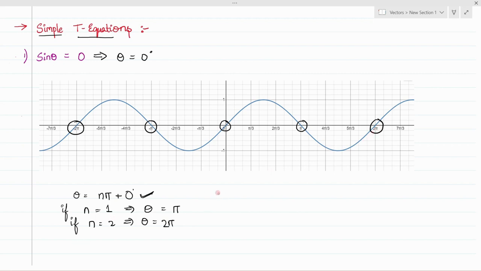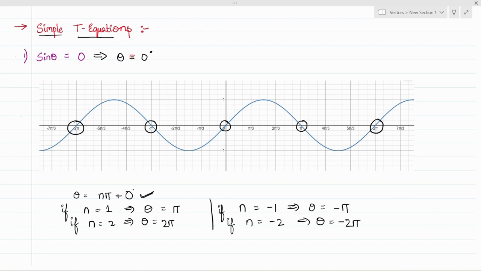Similarly, if n is minus 1, the negative numbers, theta becomes minus pi. When you substitute n as minus 1, you'll get minus pi. So when theta is minus pi, sine theta is 0. Similarly, for n equal to minus 2, theta becomes minus 2 pi, and at this value also sine theta is 0. So from now onwards, if sine theta is 0, do not just say theta is equal to 0.